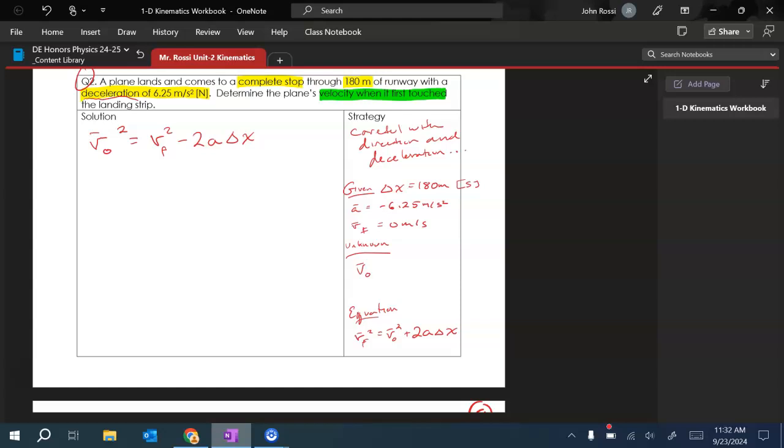It looks very similar to the earlier equation, but I flip-flopped these variables so I could have initial velocity on the outside.